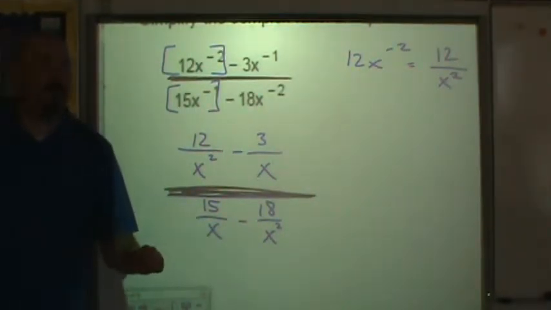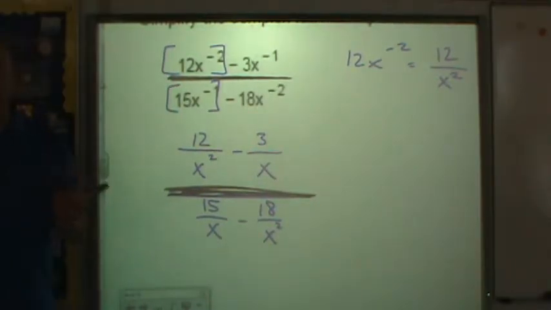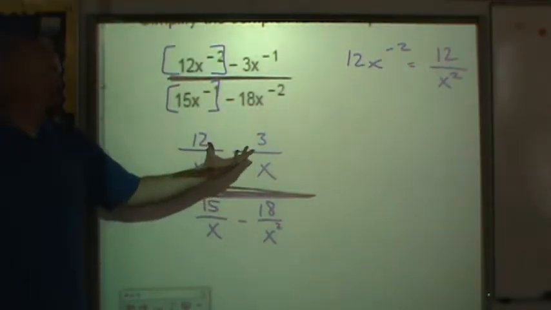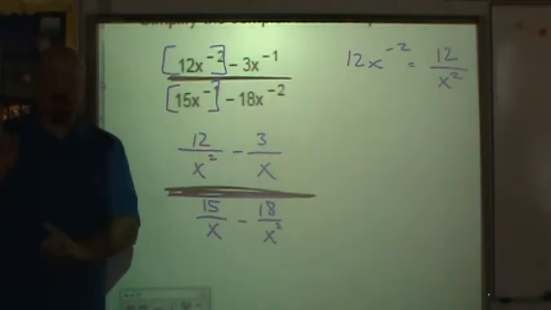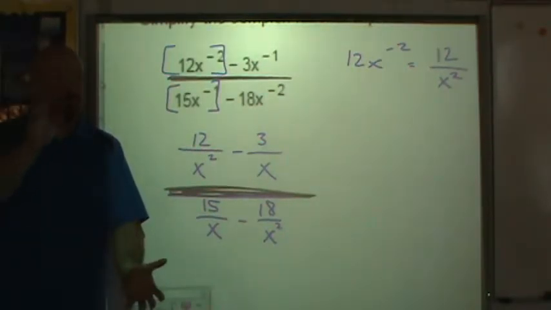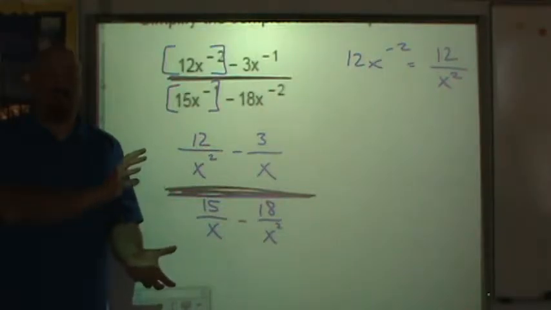Okay, so now let's talk about what we do with fractions within fractions. There's two things you need to do. You need to simplify the numerator and denominator separately. That's step number one. And then put them back together in that fraction and simplify that fraction.